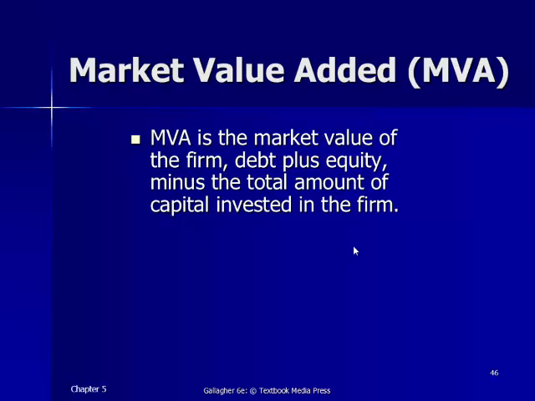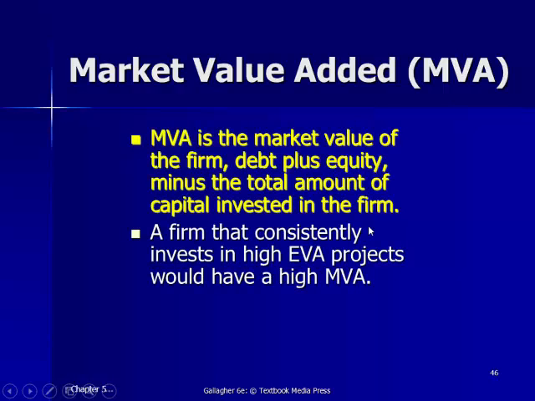And if the market has bid up the price of our bonds and our stock, that's going to give a higher MVA. So a company that consistently invests in projects with high economic value added values is going to have a high market value added number.